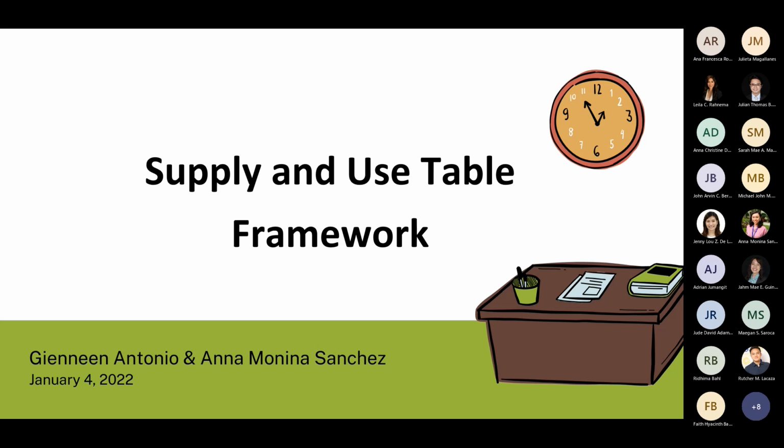So for today's discussion, we'll just have a refresher and we'll discuss the supply and use table framework. This is for the newcomers, so that they'll have an introductory course on the SUT.